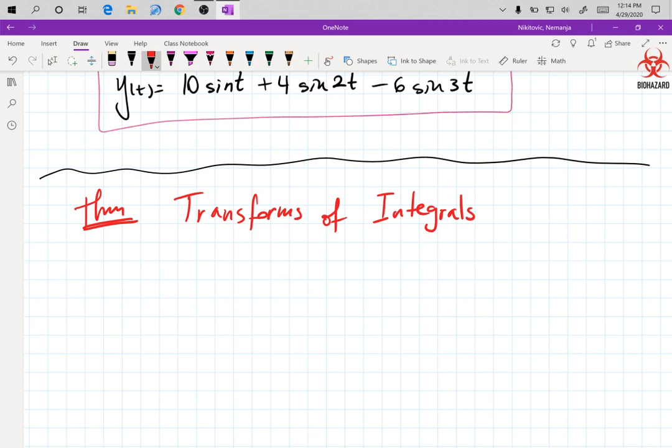Remember how I told you that some functions can only be written as they're defined as integrals? And I gave you the error function, Li, Si, and so on. So we need to know how to transform those as well.